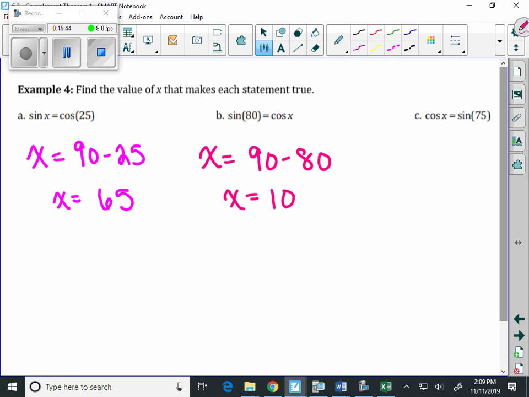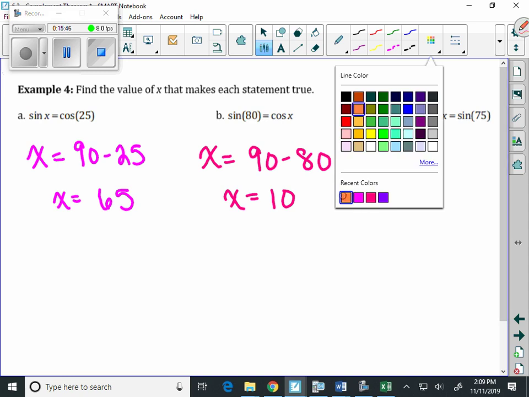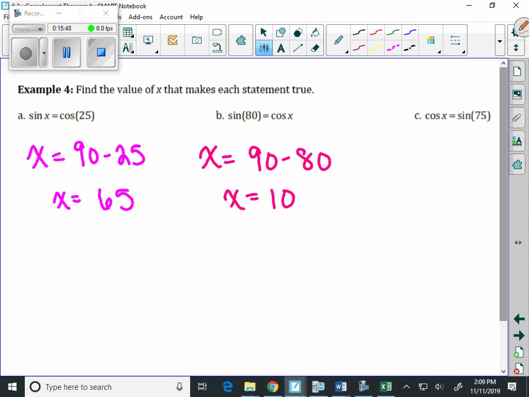And you're probably getting the hang of it when we get to this third one here, letter C. Cosine of x equals sine of 75. The cosine of one acute angle in a right triangle is complementary to the other acute angle. In other words, x equals 90 minus 75. So x, in this case, is 15 degrees.